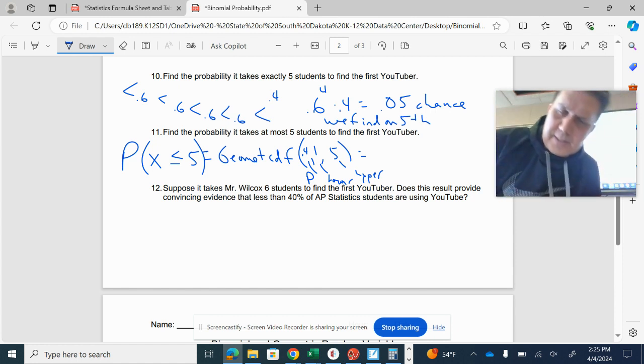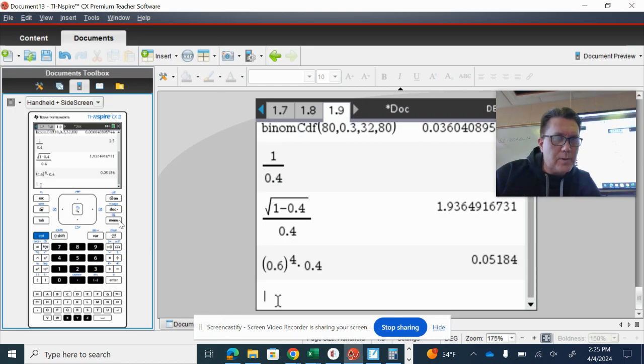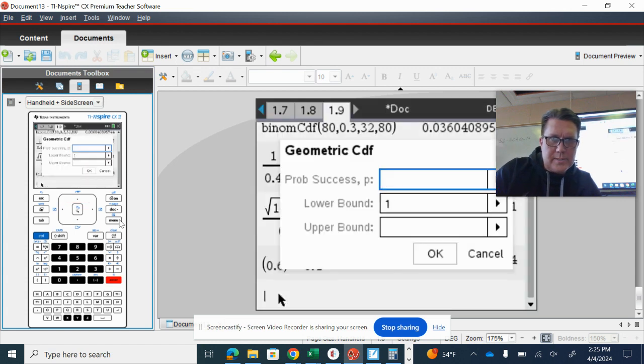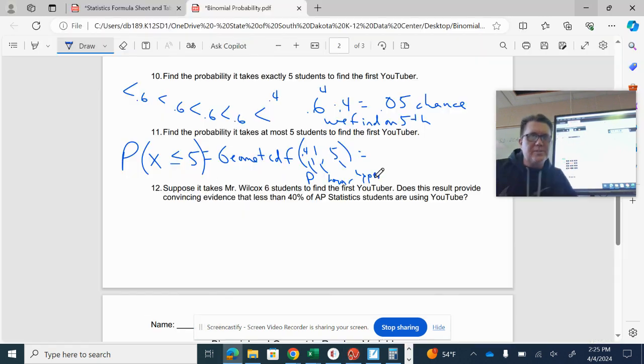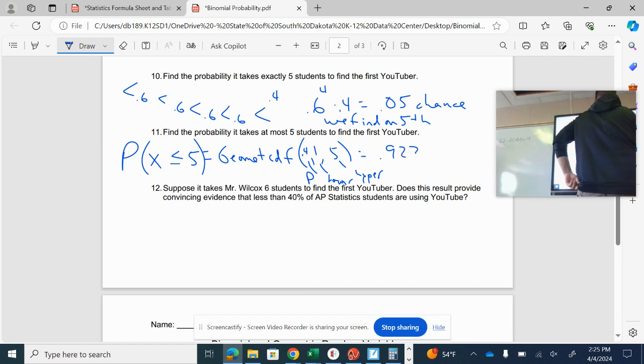So the geometric CDF adds up the probability that on the 1, 2, 3, 4, or 5 times. So we're going to go menu, 6, 5, geometric CDF, 0.4, 1 to 5. We should get about 92% chance we should find it in that range.